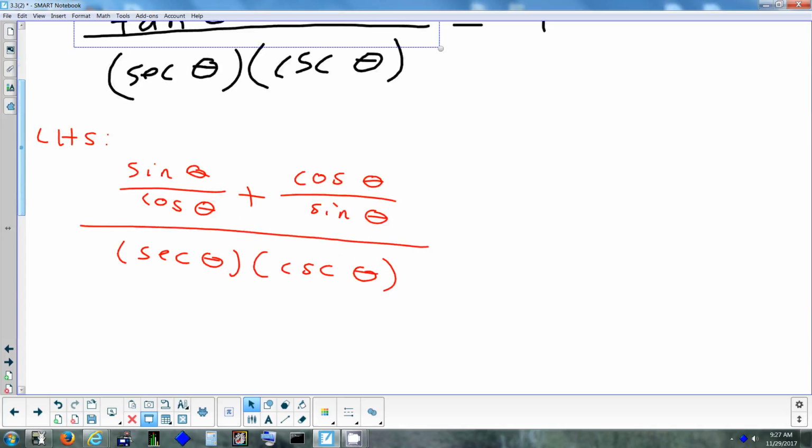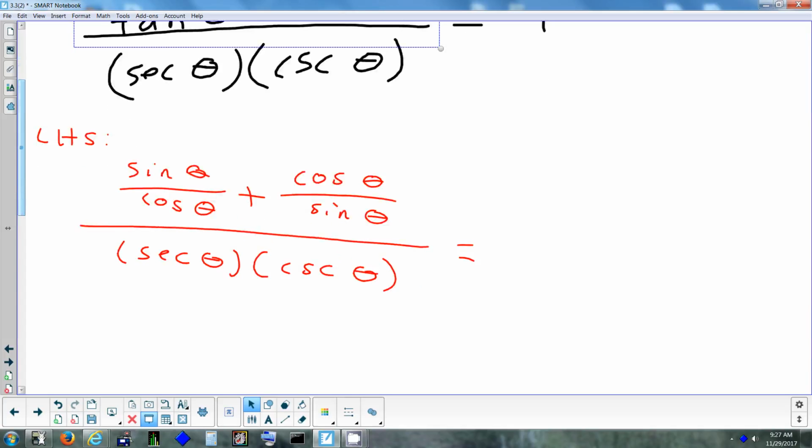I'm not saying it would be wrong to change it to sines and cosines. You could absolutely do it that way. I'm just trying to decide if that way would be better, and based on what I'm thinking right now, I don't think it would be. All right, so we're going to focus on the top.